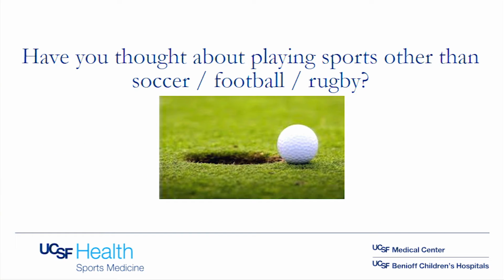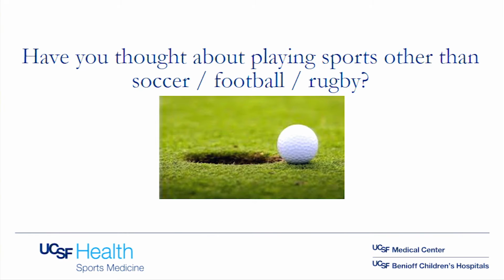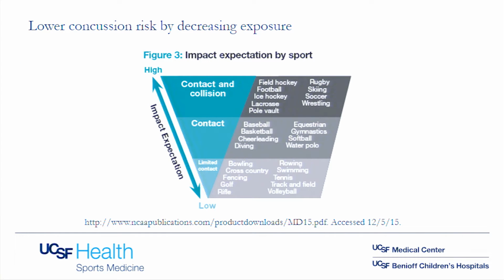And so I start talking to people. Have you thought about other sports? So I'm a sports medicine doctor, right? So it's not about retiring from sports, but what is your next sport? Because we know that there are sports that are lower risk and there are sports that are higher risk. This is a graph from the NCAA showing the amount of impact you can expect from different sports. So up top, contact and collision sports would be stuff like lacrosse, wrestling, also pole vault.